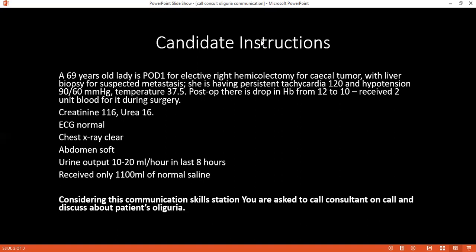But in the meantime, I would like to observe her equally. Okay. Do you think it's an anastomotic leak or leak in the abdomen? Well, following the abdominal examination, there are no features suggestive of anastomotic leak.